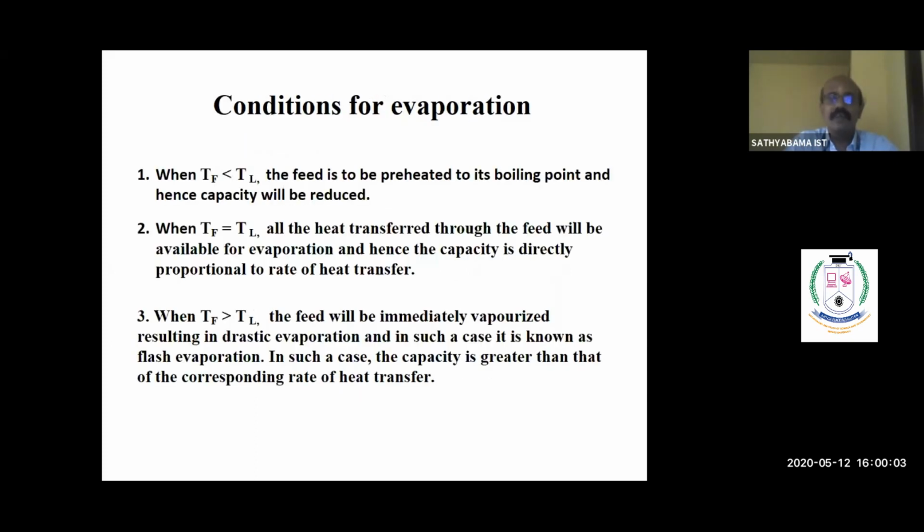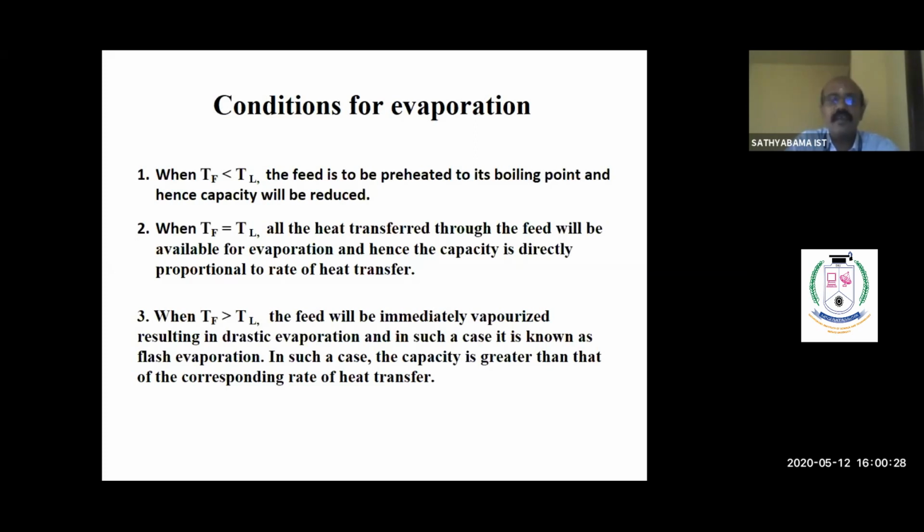So, conditions for evaporation. The feed material depends upon the feed material temperature as well as the liquid temperature. Whenever the feed material temperature is less than the liquid temperature, if the feed is at a low temperature compared to the boiling point of the solution, obviously we have to preheat the feed so that it meets the boiling point of the solution, and then only the evaporation process will be carried out.